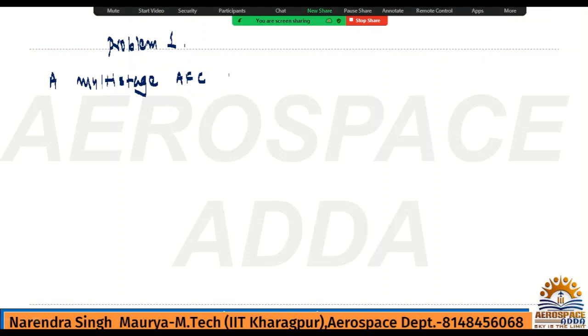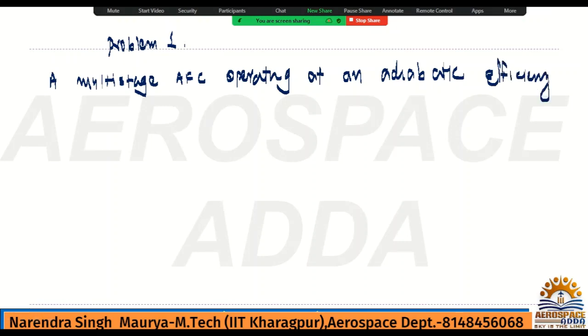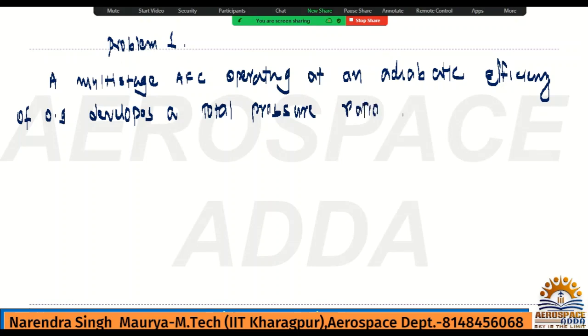AFC operating at an adiabatic efficiency of 0.9 develops a total pressure ratio of 11.